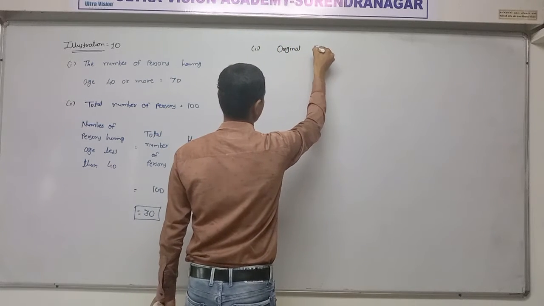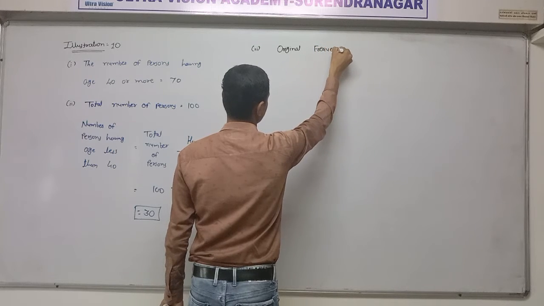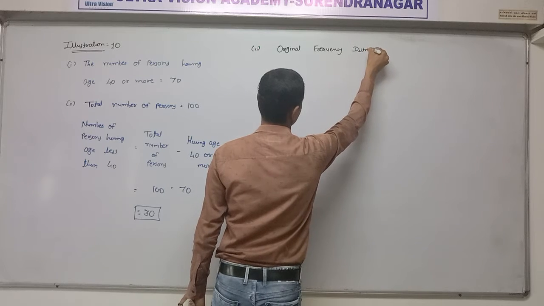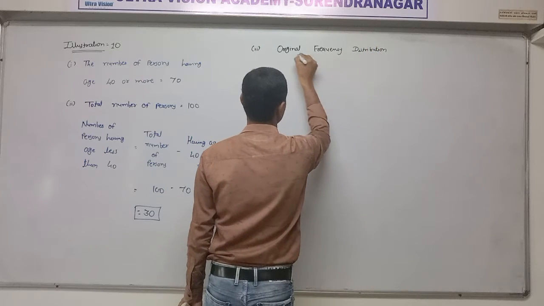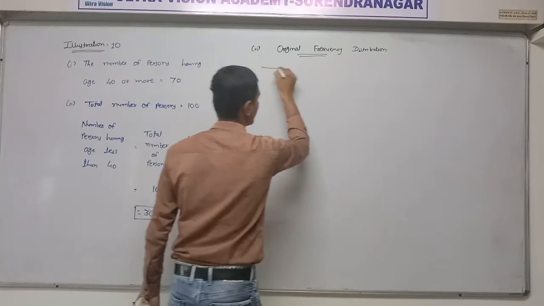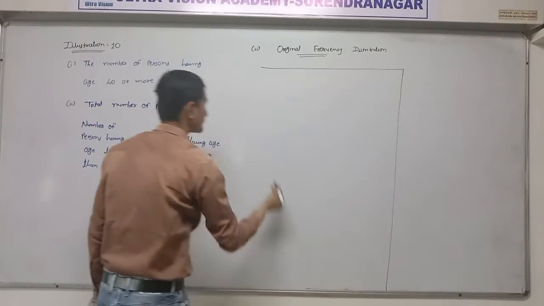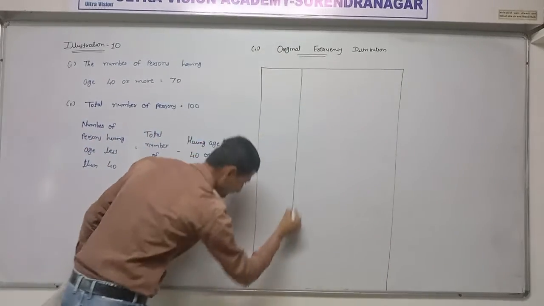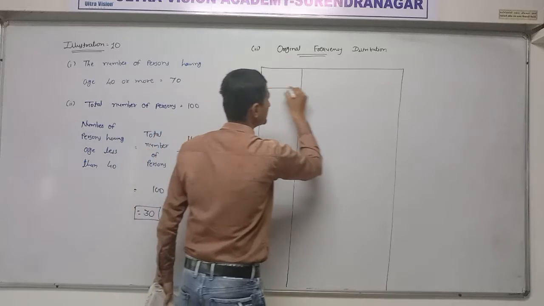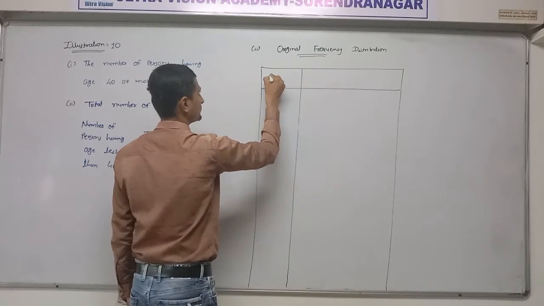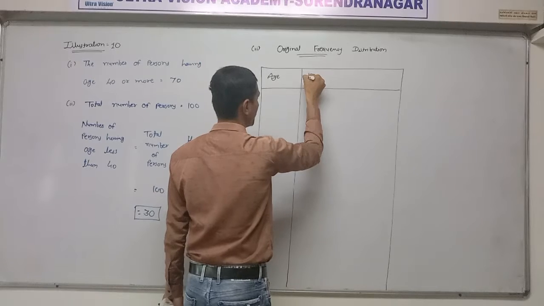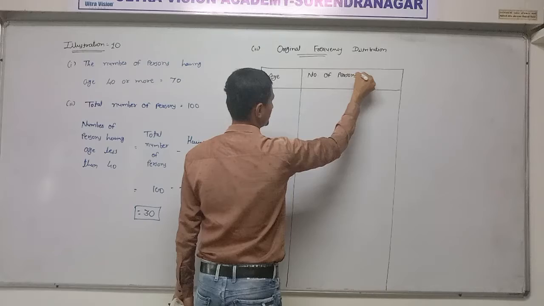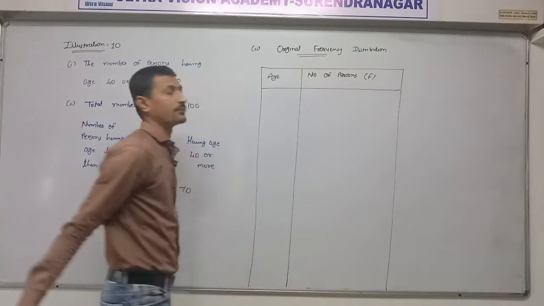Draw two columns. In the first column write down age, and in the second column the number of persons, the frequency f.